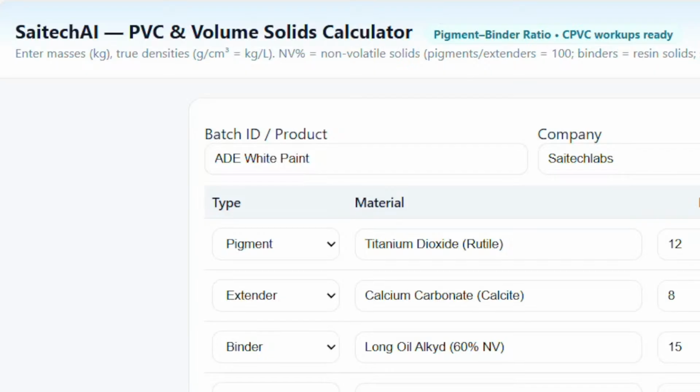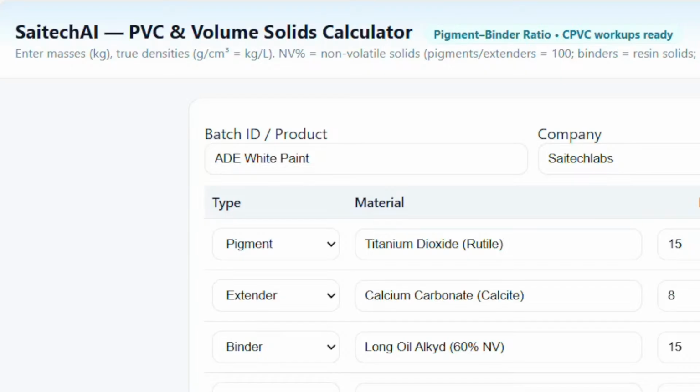Then enter today's date. Then let us have the pigment here, and titanium dioxide rutile I have taken. So here I have taken 12 gram, or if you want to have 15 gram, you can have 50 gram also. Then density. So the density of titanium dioxide rutile is 4.1.